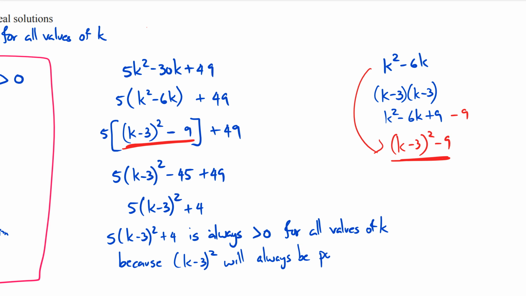Remember, anytime you take a number and you square it, it's always going to be positive, and then a positive number times 5 is positive, and then that plus 4 is going to be positive. Therefore, it's always going to be greater than 0, and therefore 2 real solutions.